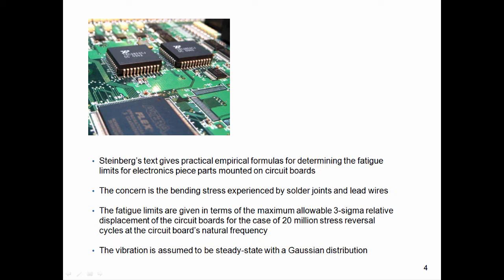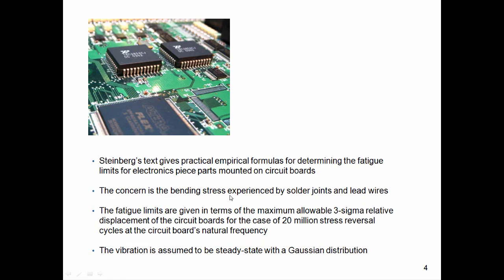I've actually seen that in some testing. Steinberg's text gives practical empirical formulas for determining the fatigue limits for electronic piece parts mounted on circuit boards. Again, the concern is the bending stress that occurs in the solder joints and lead wires.